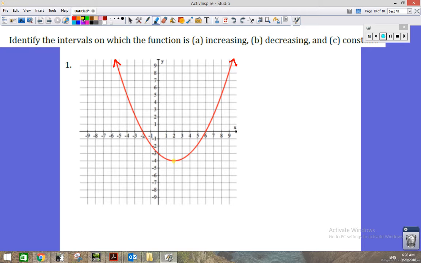So if we think in terms of slope of lines, if you pick any 2 points in this region that I have shaded in yellow, a point here and some point up here, and you calculated the slope of the line that passes through those points, you're going to see it's a positive slope. As you move to the right to stay on the graph, you have to be going up, so that's increasing.